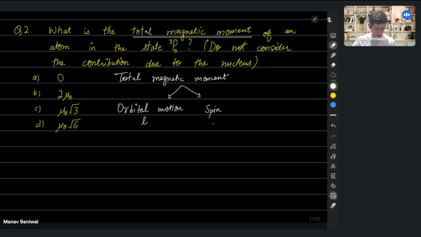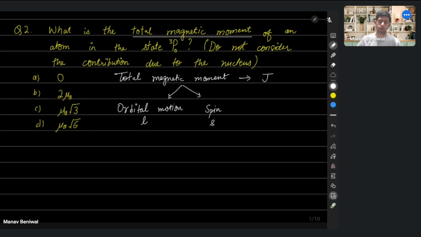So this is L and this is S. So the total will be because of our total angular momentum J, and the quantum number corresponding to J is small j, like here L and here S. Okay, so we have to find out J.